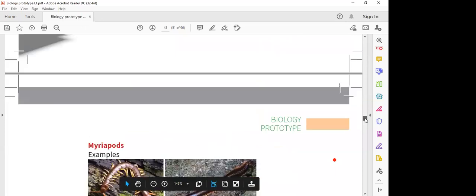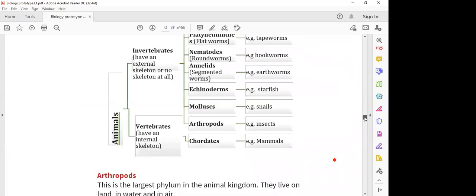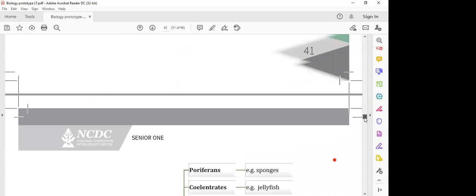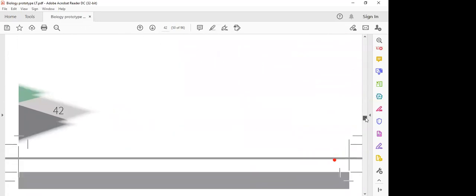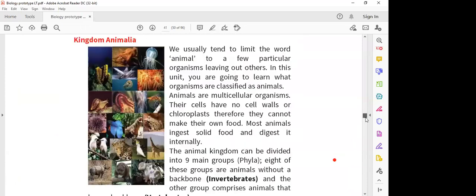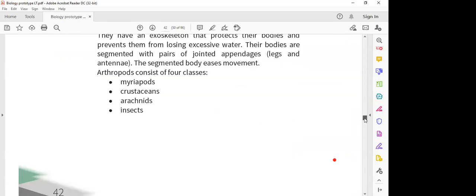We say it has 4 classes, according to this literature: Myriapoda, Crustaceans, Arachnida, and then insects. We have gone ahead to look at each of those classes, and we have talked about examples.